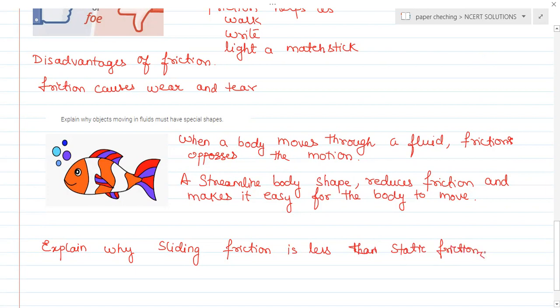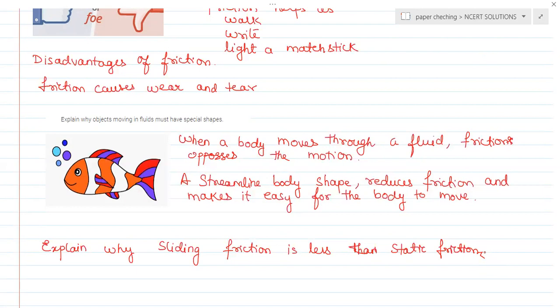Friction comes with irregularities, and the nature of the surface plays a very important role. Static friction is the maximum amount of friction that a body encounters.